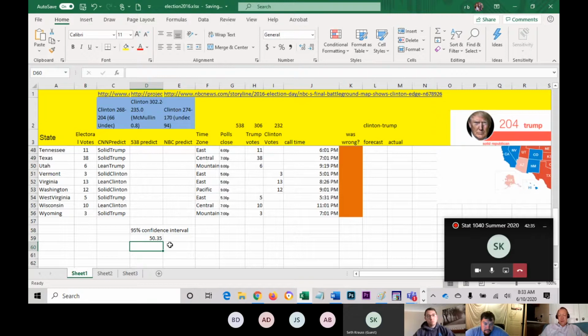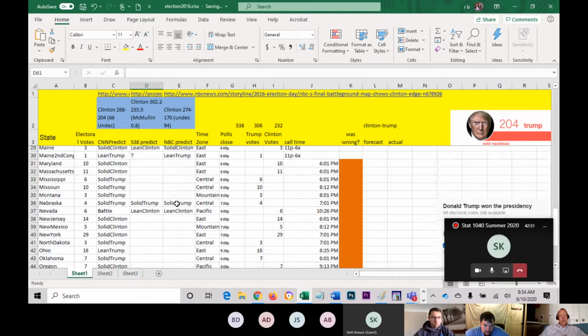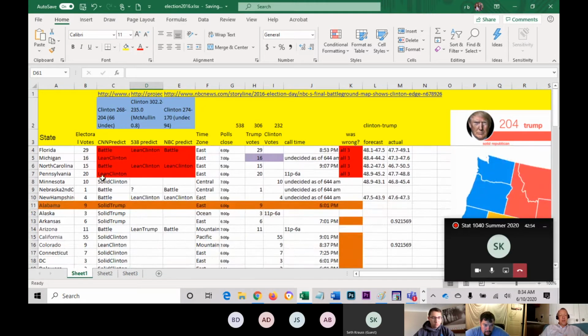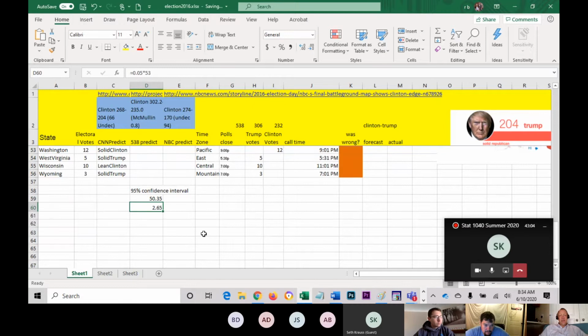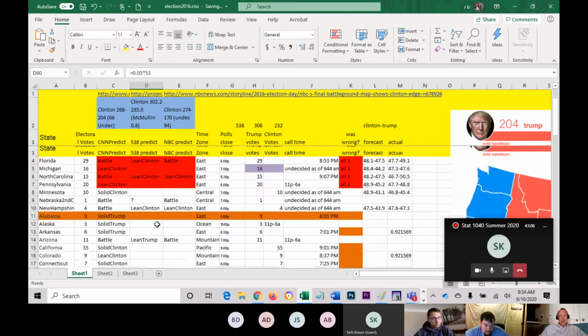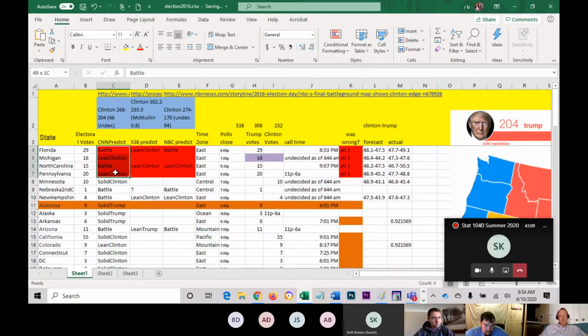And then you would expect that 5% of your 53 states would be wrong. So you would expect about 2.65 of them to be wrong, okay? They were correct on almost all of them. They only missed on these 4 states. That's about what you would have expected. In fact, that rounds to 3, so you would have expected them to be wrong on about 3. They were wrong on 4.